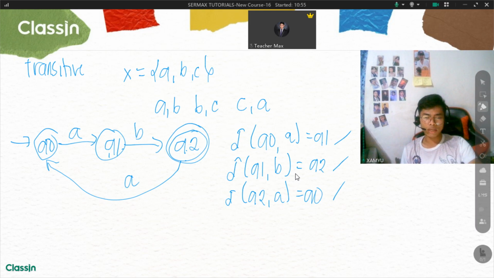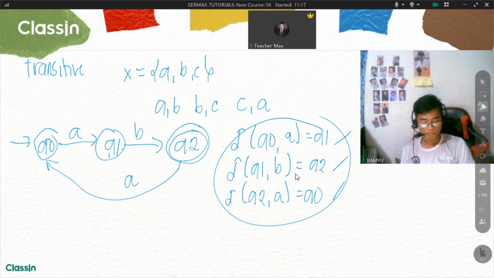So in your examination, if I give you a specific automaton or a graph, you can simply form a transition and then describe the properties that this particular graph or automaton follows.